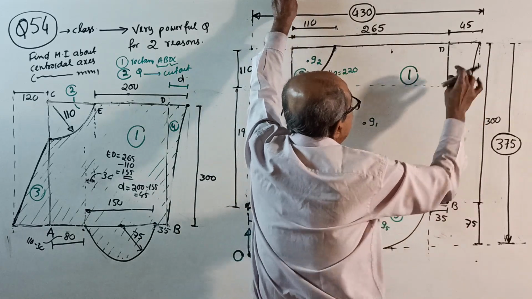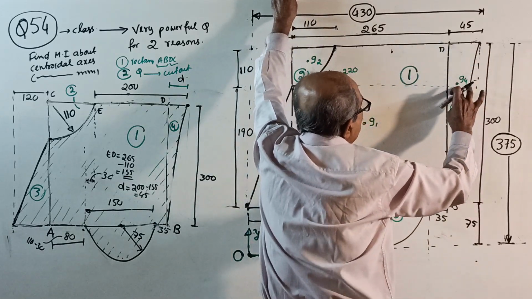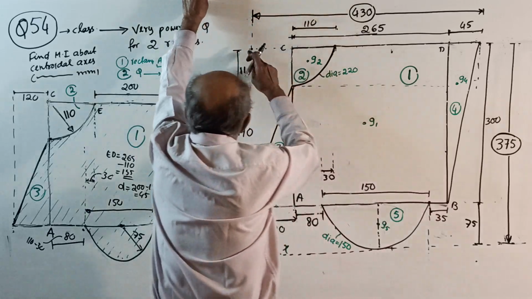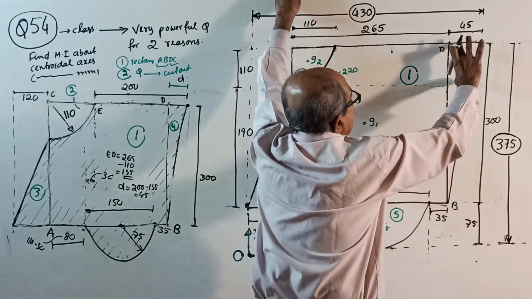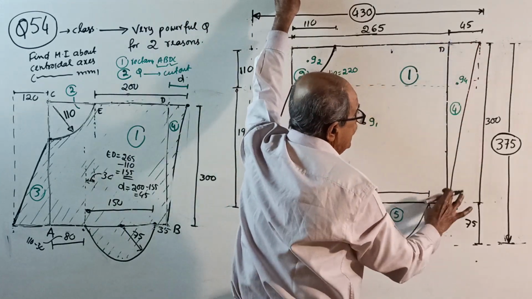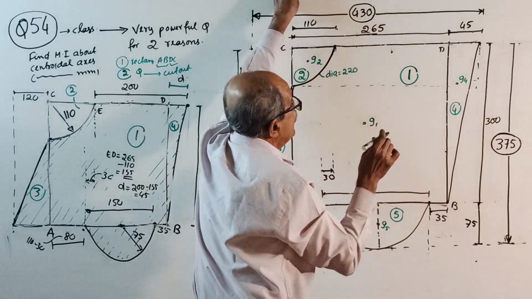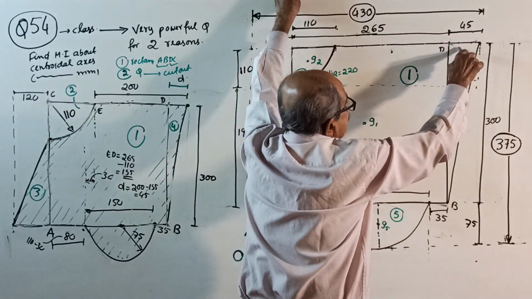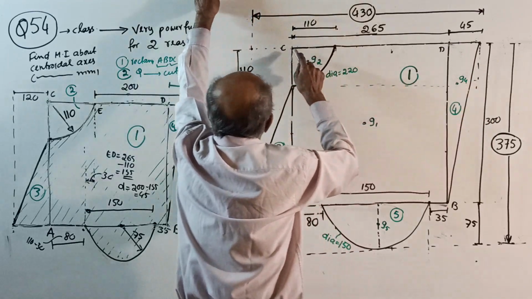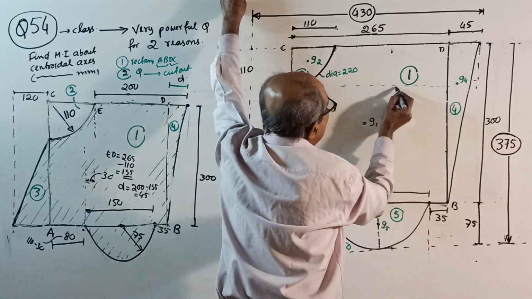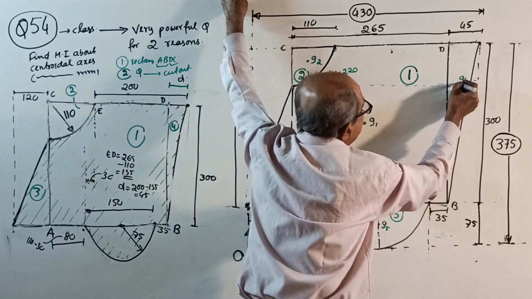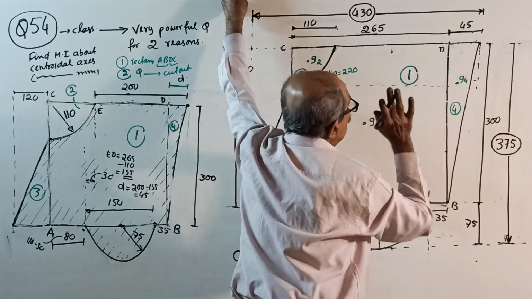I have to maintain it, see? Actually it may come up to here, but the 110 and 190 are not exact to scale, that's the problem. Now important, 1/3 of 300 is 100. This is 110, so it is slightly above, 10 mm above. Okay, no problem.